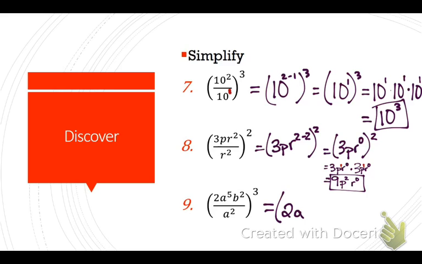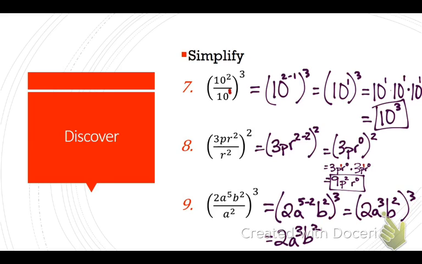So we get 2a to the 5 minus 2, b squared. Copy it down 3 times. Let's simplify it though: 2a to the third, b squared. So if I copy this down, 2a cubed b squared times 2a cubed b squared times 2a cubed b squared.